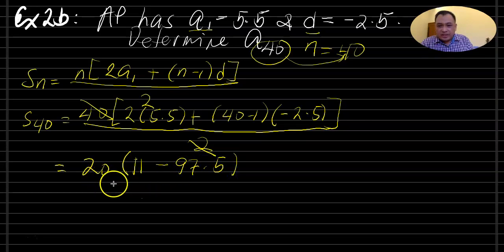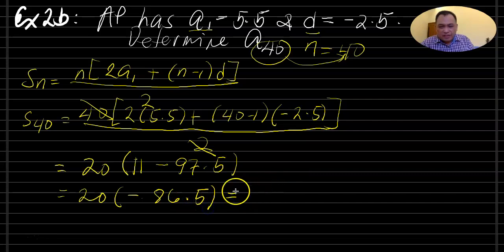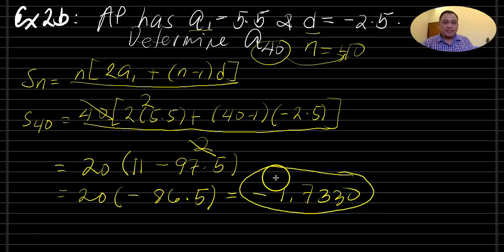Okay, so 11 minus 97.5 will give you 20 times negative 86.5. Okay, it means that our final answer is 20 times negative 86.5 will give you negative 1,730. Okay, so as easy as that.